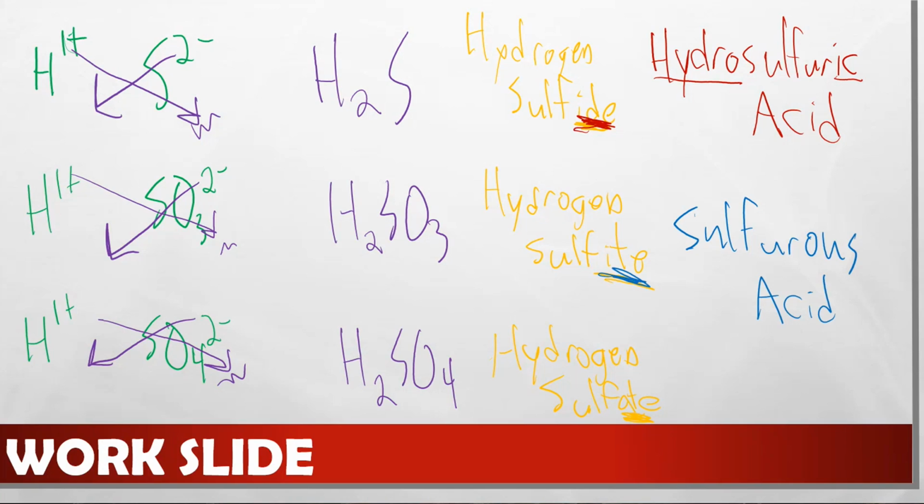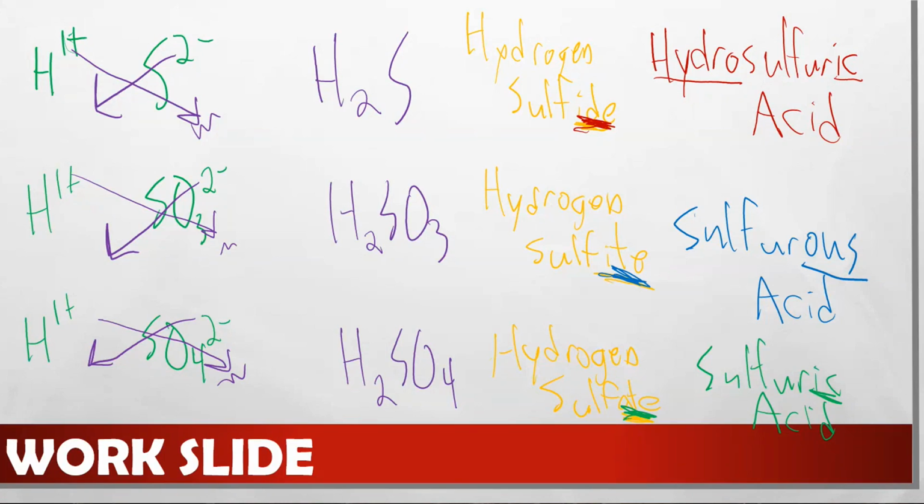So the ite gives us the ous acid. And last but not least, we have the sulfate, and this is going to give us sulfuric acid, with the ic coming from the ate.